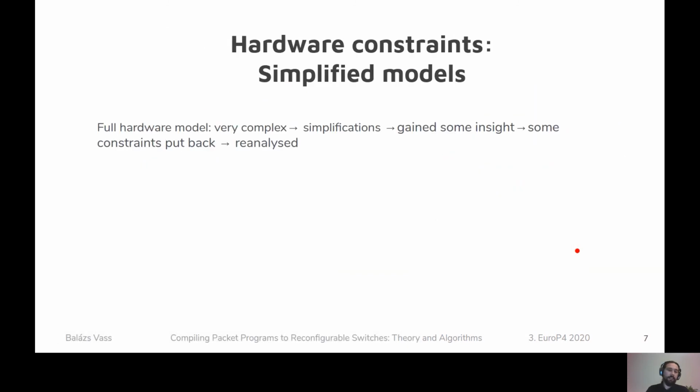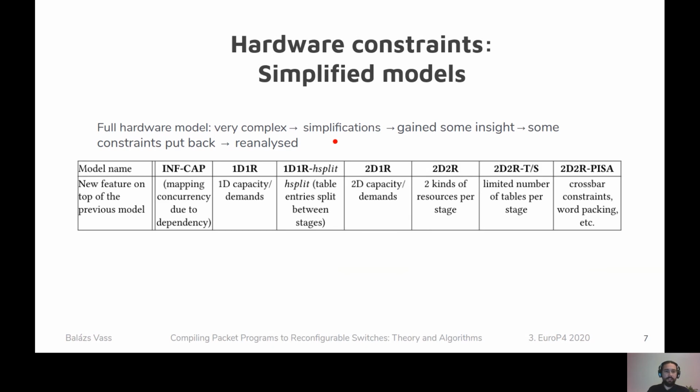A full model of the hardware is very complex. So we decided to make some simplifications, gain some insight on it, and then gradually put back the constraints and reanalyze the problems. We ended up with a bunch of models.